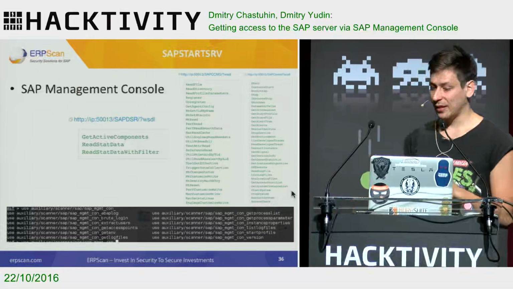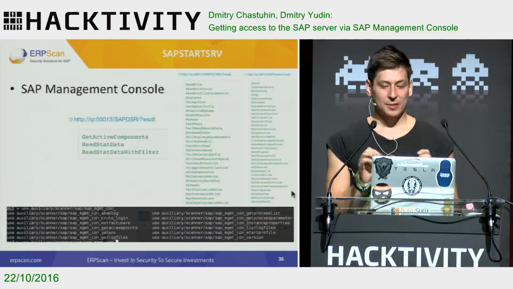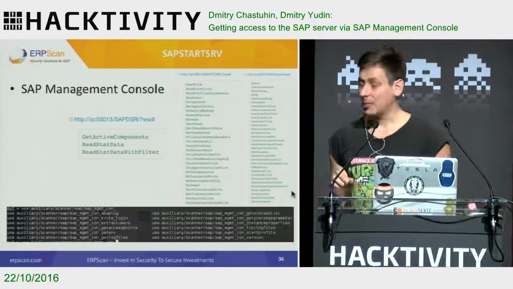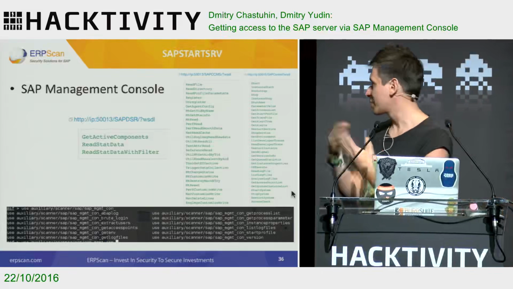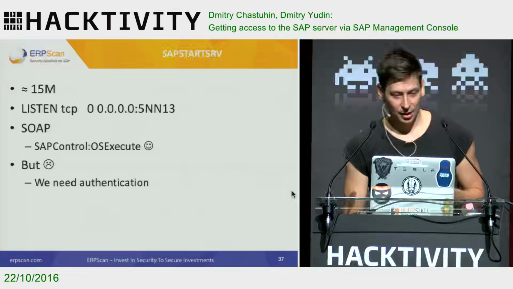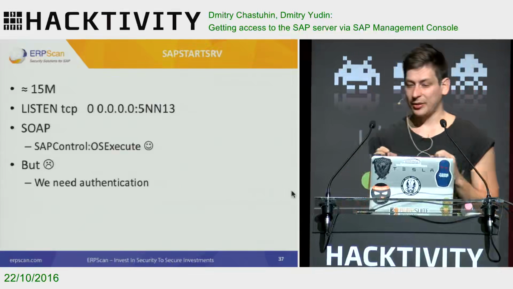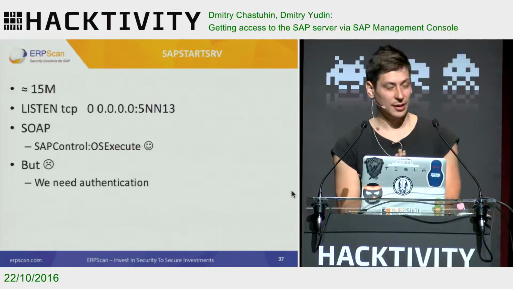Nevertheless, as I said, this area is well known. That's why even in the Metasploit framework, you can find a lot of modules for SAP Management Console. But for exploitation of these modules, you need to provide a username and password. So let's put our binary, the SAP Start SRV file, in a disassembler and look at it.